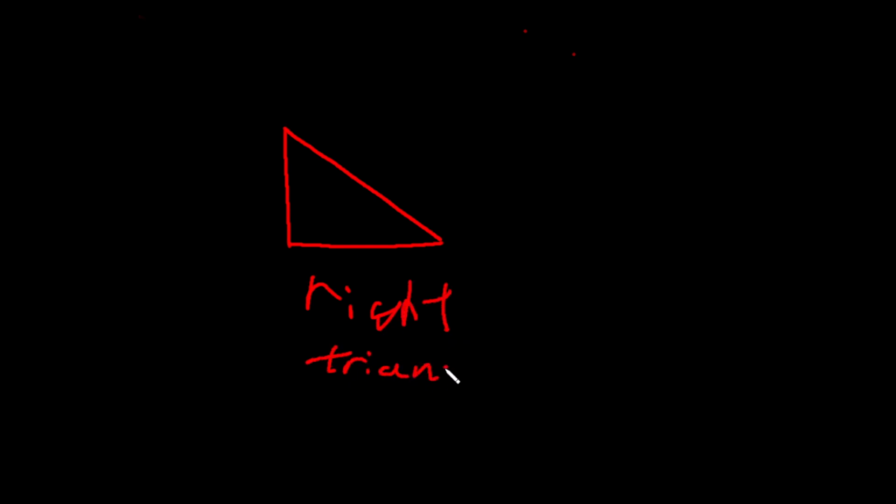But we'll be focusing on a specific type of triangle, and it's called a right triangle. Why is it right? Because the angle formed over here is a right angle, and therefore the other two angles will add up to 90 degrees, because the sum of angles of a triangle is 180. So if this is 90, these two have to add up to 90.